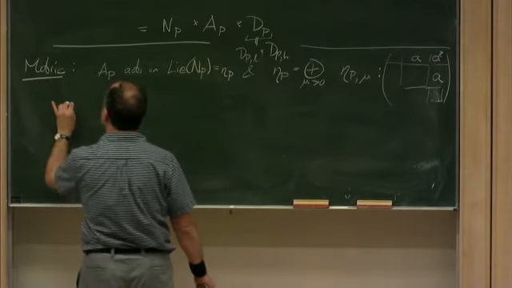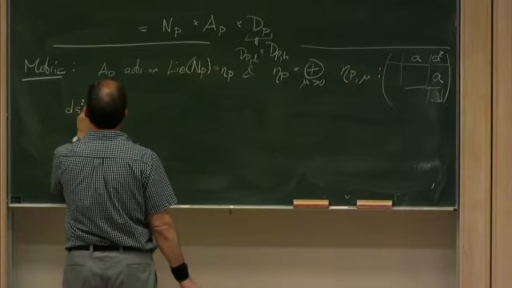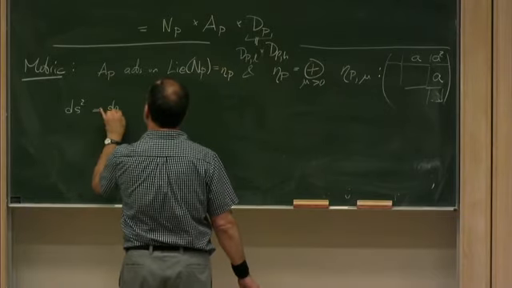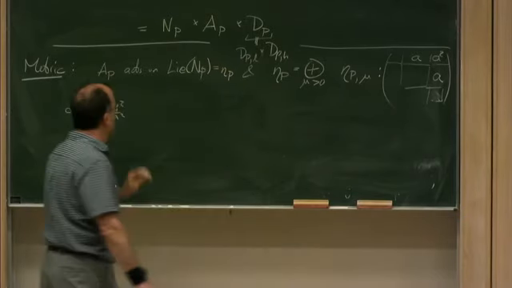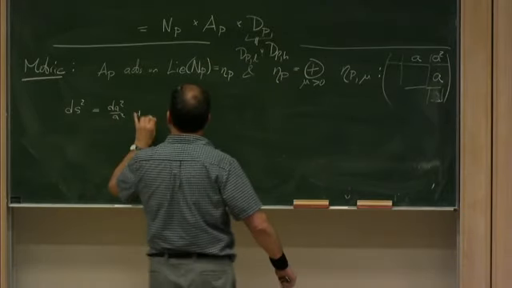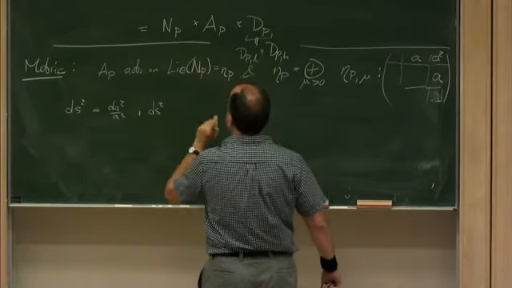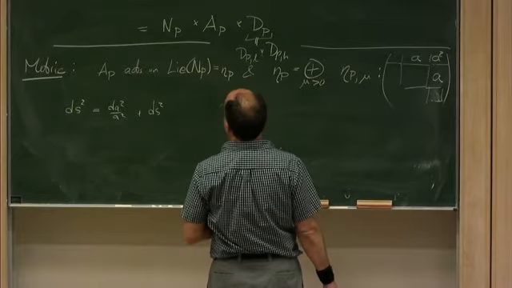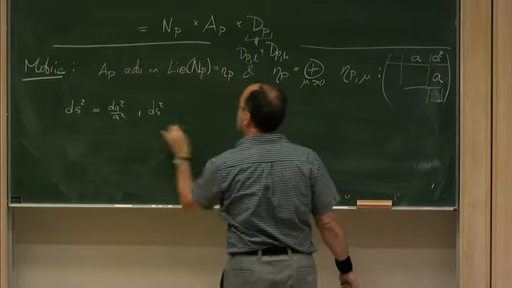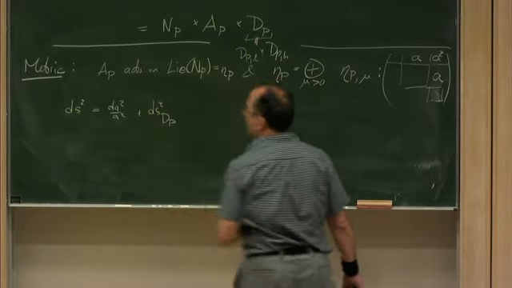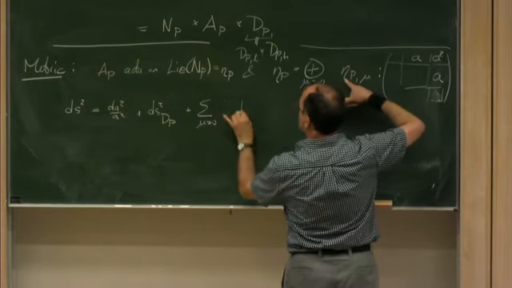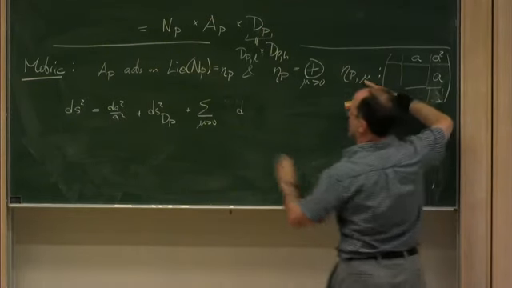So the locally symmetric metric is dA over A squared plus ds squared on DP, plus a sum over the weights of some metric on this part of the tangent space.